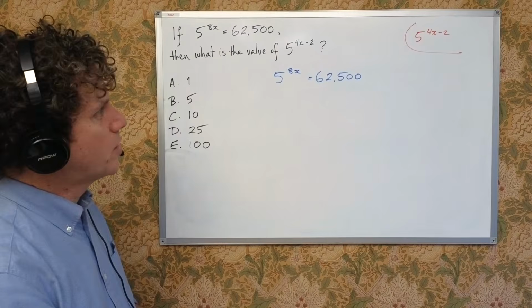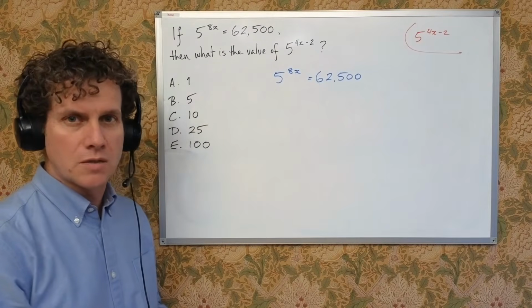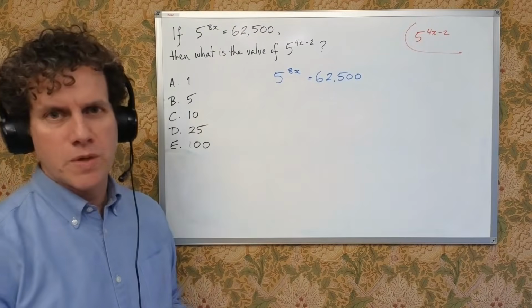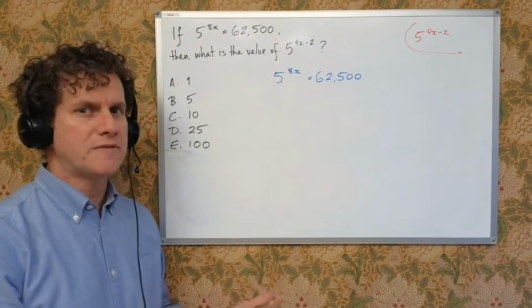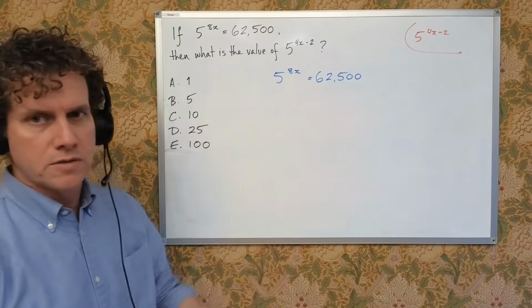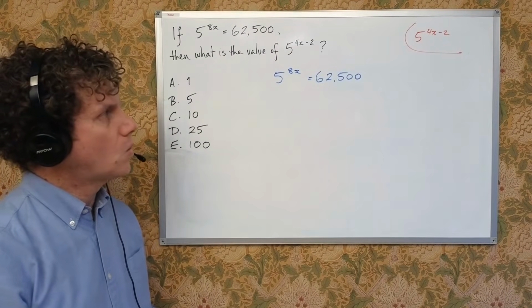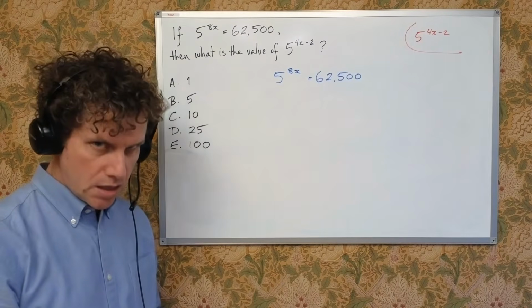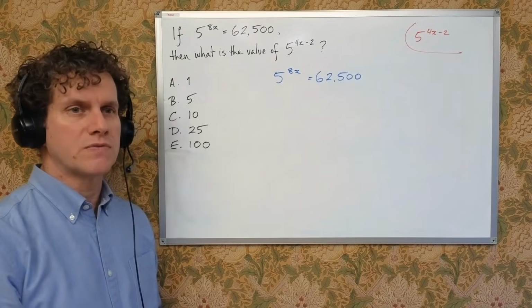So we have a look here. We have a think. How to proceed with a question like this. I was just saying before, when I see these questions with exponents, I think they're asking me how many 5's are in this number here. Well, it's not going to be an integer number of 5's.